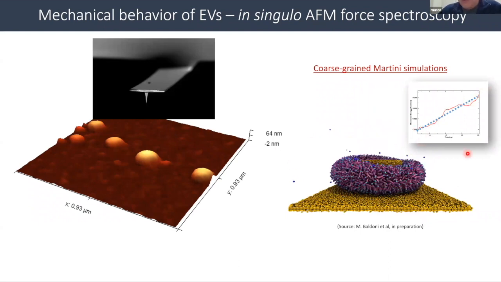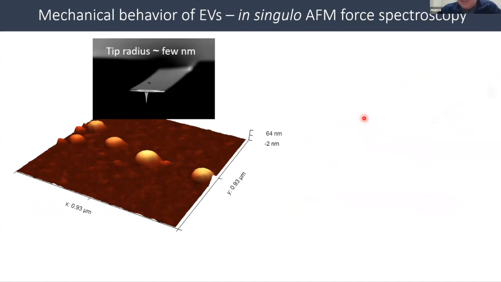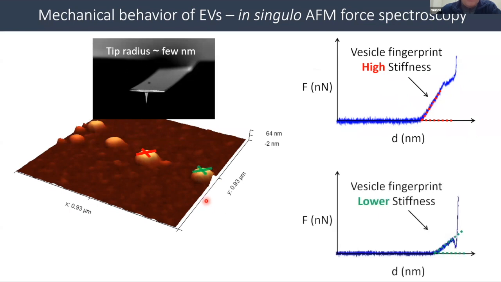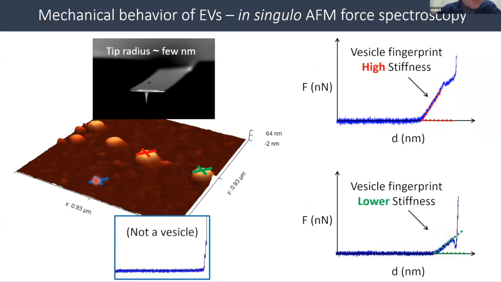So how can you use this fingerprint of intact vesicular deformation? You can use it, for instance, by pushing on an assigned globule here, and you can say, okay, I got a linear increase. This is an intact vesicle with high stiffness. This two here also has a linear increase, so it's probably an intact vesicle too, with a different stiffness. If you indent on an empty space, you don't get any signal.